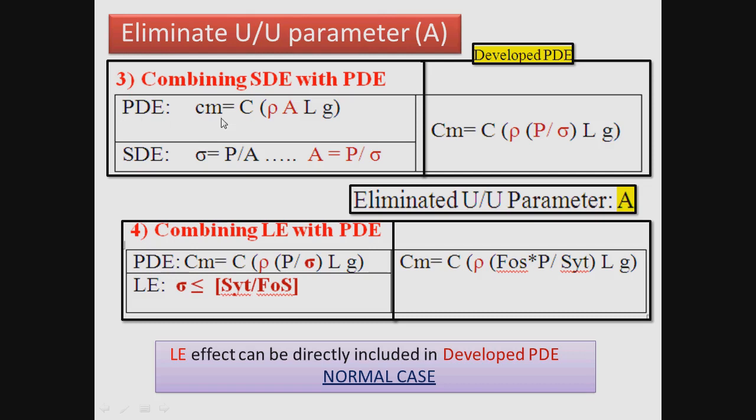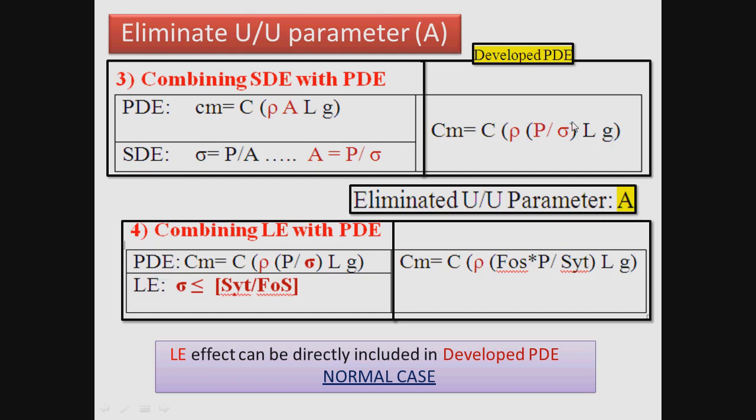The primary design equation is Cm is equal to C into rho into A L into G. The secondary equation is sigma equal to P upon A, so A is equal to P upon sigma. This A value we can substitute in the primary equation, so instead of A we substitute P by sigma.